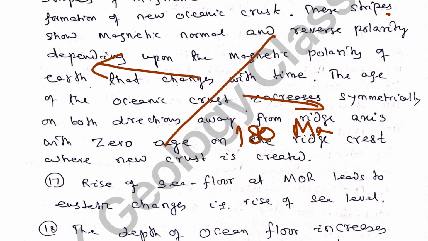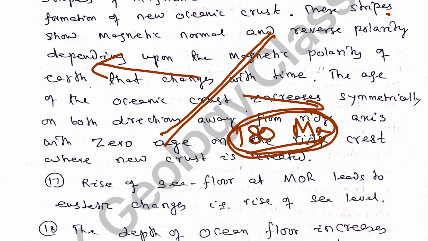If we take into account the age of the ocean floors all over the globe, nowhere is it found to be greater than 180 million years. That means new oceanic crust is being created at the mid-oceanic ridges. The old oceanic crusts have been destroyed with the passage of time, because of which we do not find old oceanic crust, and the maximum age of the oceanic crust is found to be 180 million years.